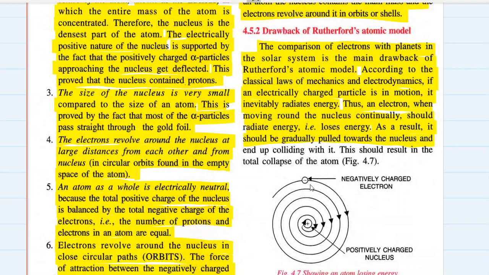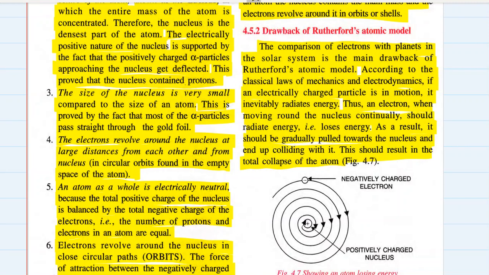So the reason behind this, why the atom is not self-destructible, why electrons do not lose energy when they move at a high speed around a nucleus, why electrons do not fall into the nucleus, and why the total collapse of an atom does not take place, was not explained to us by Rutherford.